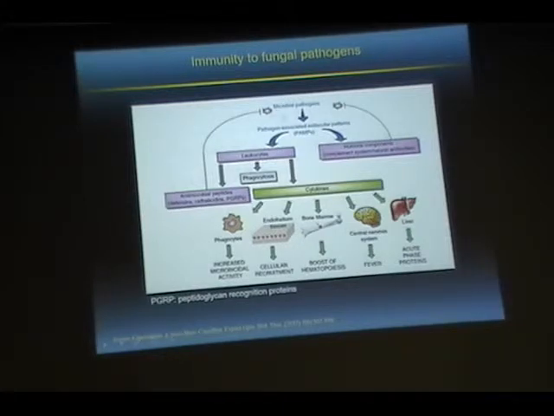So a microbial pathogen invades. They express what are called PAMPs, or pathogen-associated molecular patterns. These molecular patterns are very specific to different classes of bacteria and fungi. So these PAMPs activate different classes of leukocytes and humoral components, which are like antibody components.